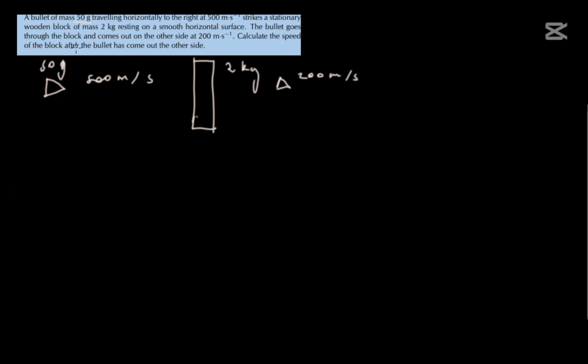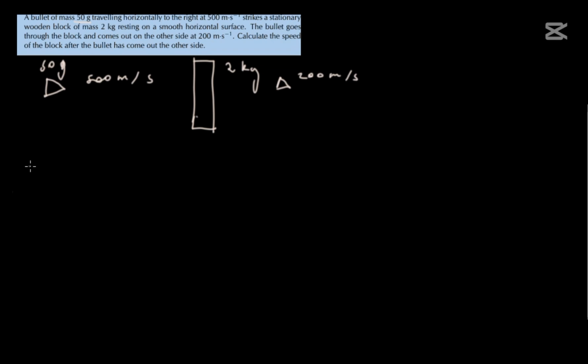Now the thing that we are going to do in order to calculate the speed of the block after the bullet has come out of the other side is to equate the final momentum and initial momentum.